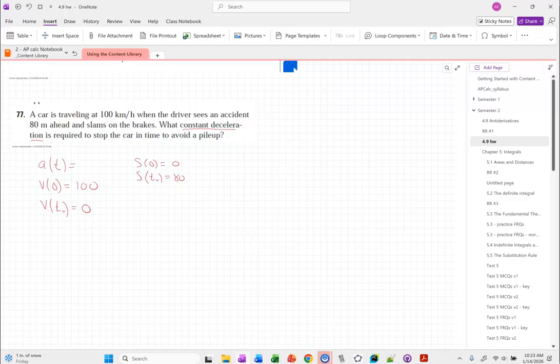Now, the way this is currently phrased, my constant of deceleration, let's just make it negative infinity or something, just comes to an instantaneous dead stop at 100 kilometers per hour, and I smash my face into the steering wheel. But I'm going to assume we're slowing down, so we stop at the last possible second rather than instantaneously.